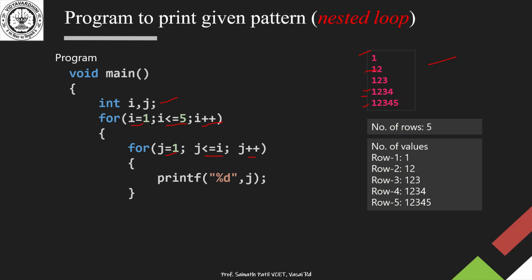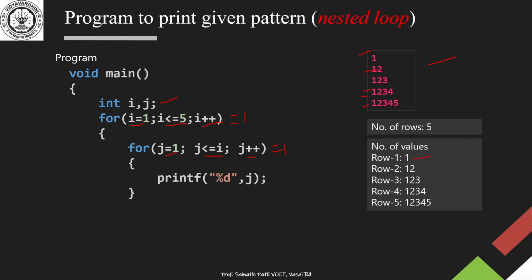So initially, suppose i is equal to 1. It will check, is it less than 5? Yes. So now it will enter the inner for loop. j is equal to 1. Is it less than equal to i? The value of i is 1 and j is also 1, so it is equal to i. So it will print the value of j, that is 1 will be printed on the first row.